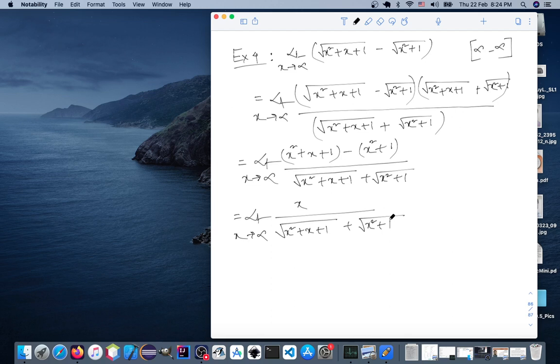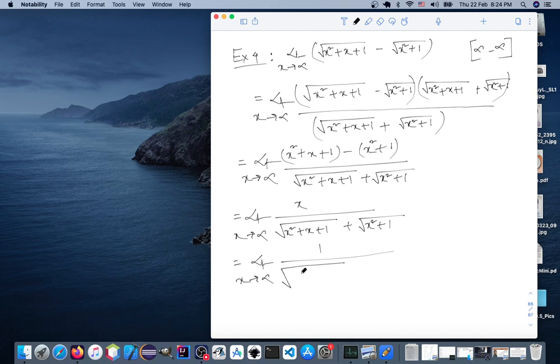If we bring down the x to the denominator and put the x inside both the terms with the roots, when it gets inside the root, it will get inside as x square.